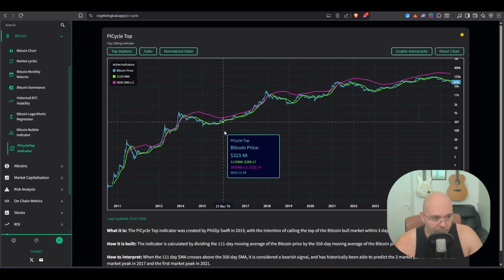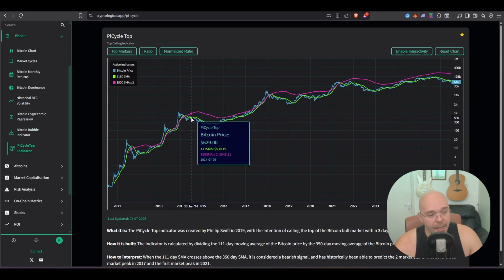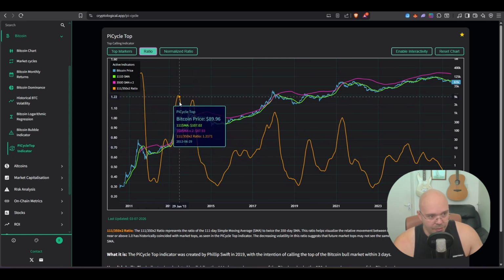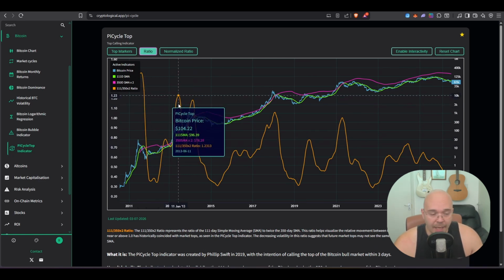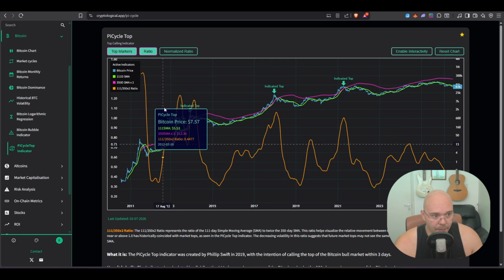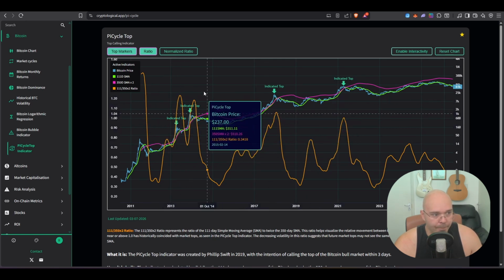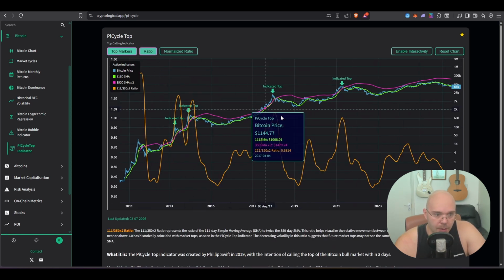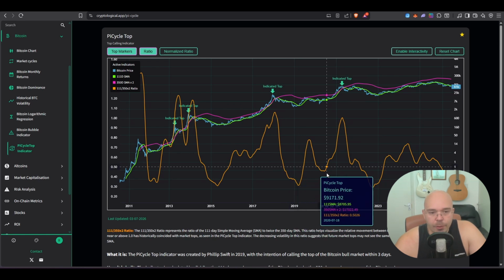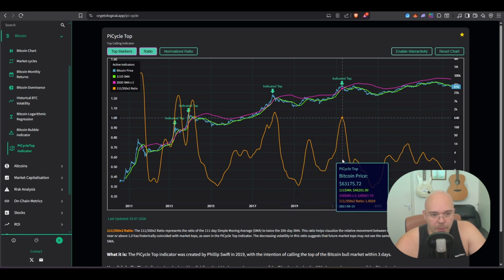Pi cycle top was another one. People are waiting for this to cross. Even though you get diminishing amounts of crosses, if we look at the ratio here, this shows how far above the two moving averages get to trigger the top. Boom, boom, boom, boom. And it was getting smaller and smaller. And so I was like, okay, it stands to reason that we're not even going to cross, because this one only just got to just over 1, a ratio of 1, which means they've just crossed.